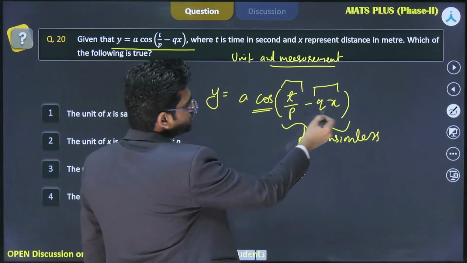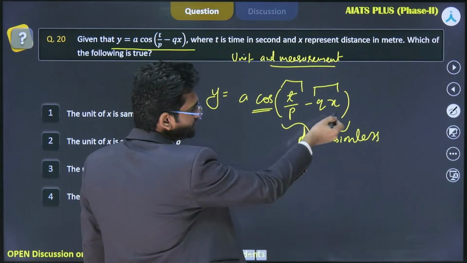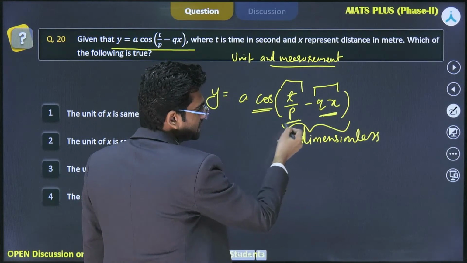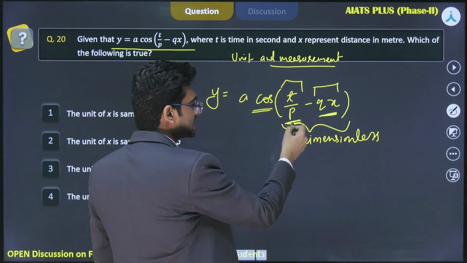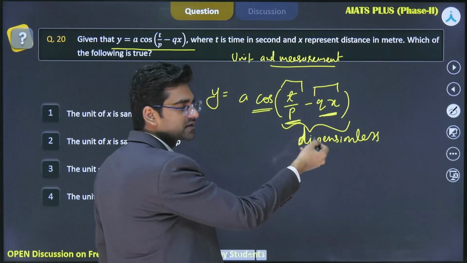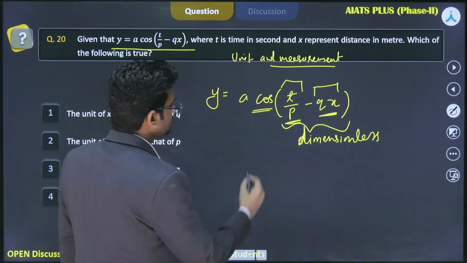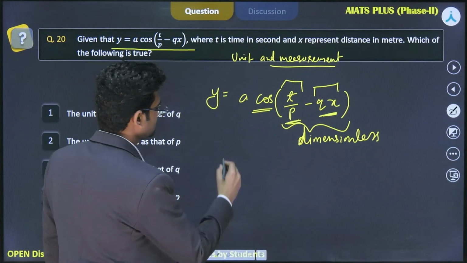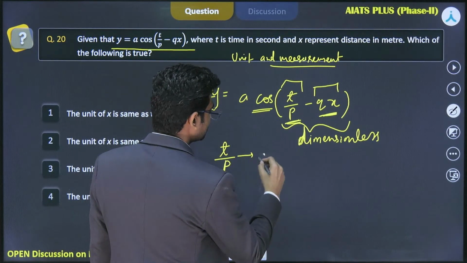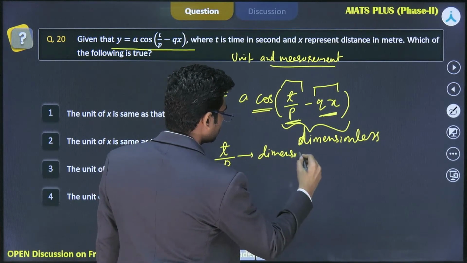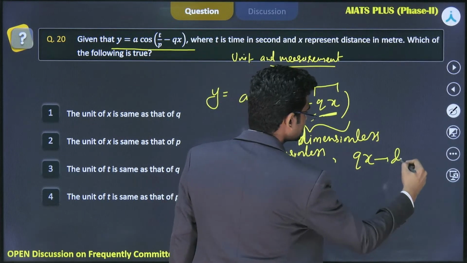Why? Because two quantities with the same dimensions can be added or subtracted, right? So these two quantities, first is this, another one is this. If this is dimensionless, then only they can be added or subtracted, and the whole quantity has to be dimensionless. Okay, so t by p is dimensionless. Again, this qx has to be dimensionless.